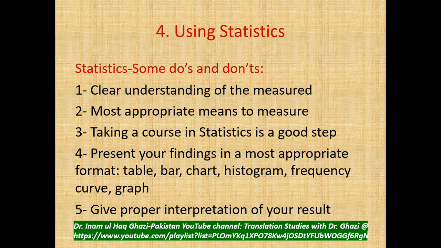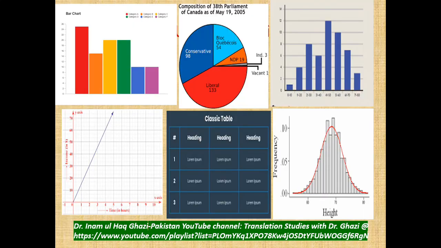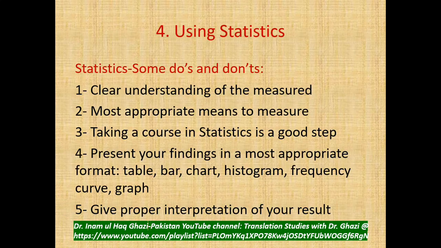The researcher should present the findings in the most appropriate format, using tables, bar charts, histograms, frequency curves, and graphs. All these or some other techniques should be used to improve the presentation of the research results.